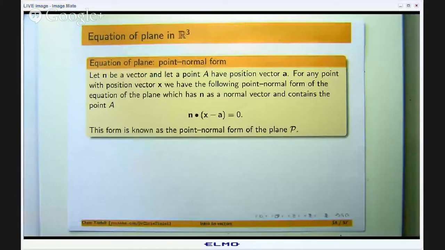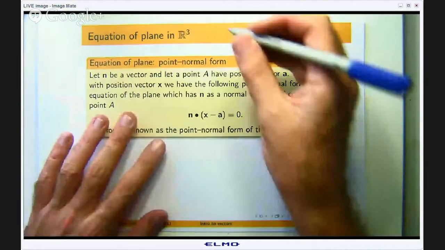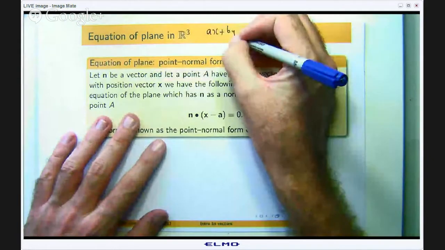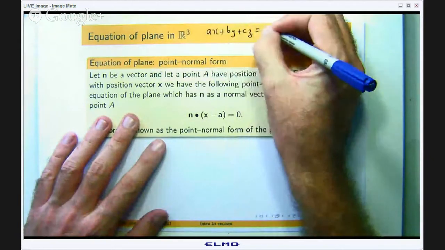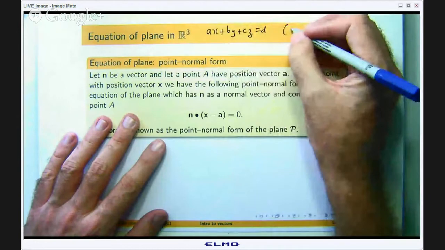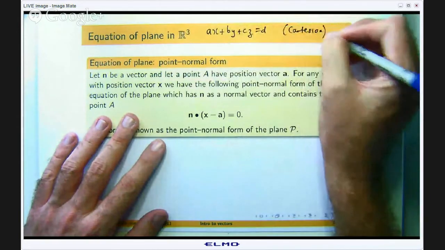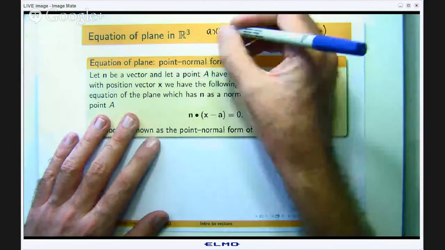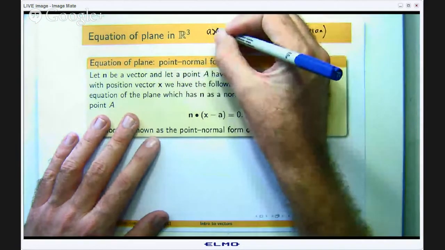Okay, so up until now we've seen two kinds of equations for planes. There's the Cartesian form where A, B, C and D are constants, okay, and real numbers.